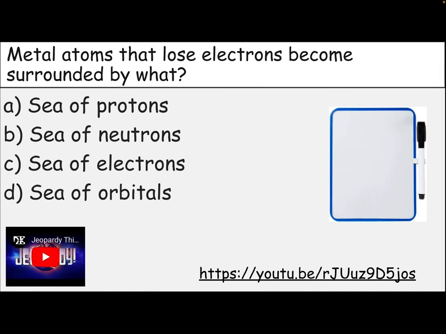Okay, metal atoms that lose electrons become surrounded by, the answer is C, a sea of electrons.